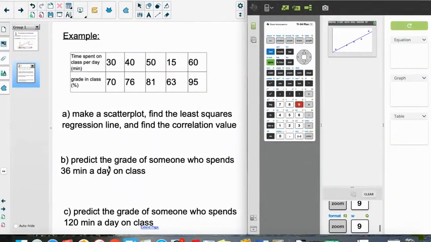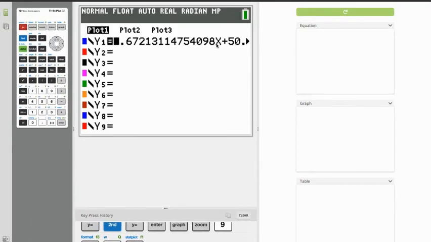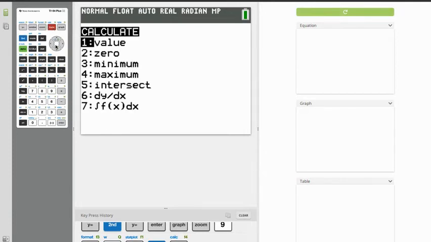So that was A. Now B says, predict the grade of someone who spends 36 minutes a day on class. So you could do that by hand, by plugging in 36 for X, and then just solving with your calculator. Here's a way to do it with your calculator where you don't have to do much work.